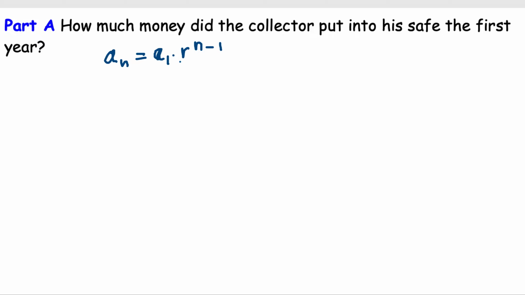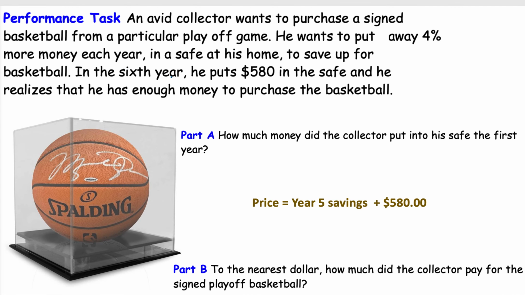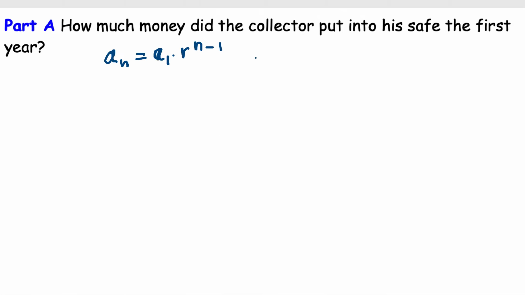But let's go back first to that. We don't know what A1 is. But what we know is that in the sixth year, the sixth term, he put $580, and he put away 4% more. This is important. So A6 is equal to 580, without the dollar sign.